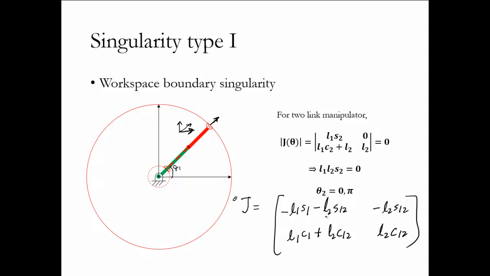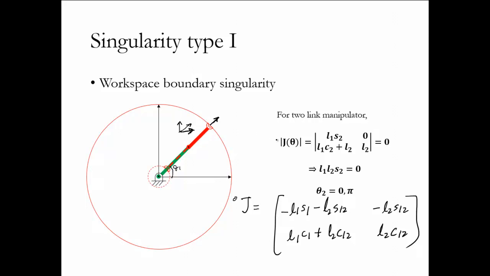Again, if we find the determinant of this and put it to 0, you will see that we get theta 2 equal to 0 and pi. So this and this lead to the same result.